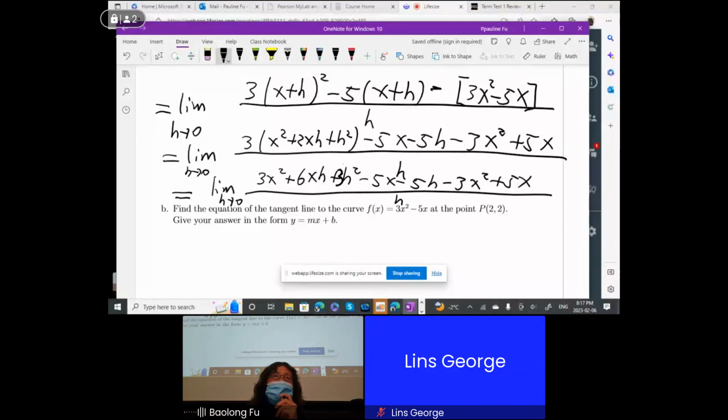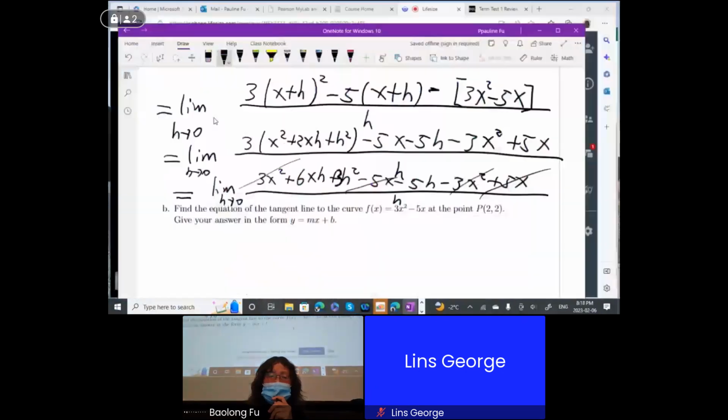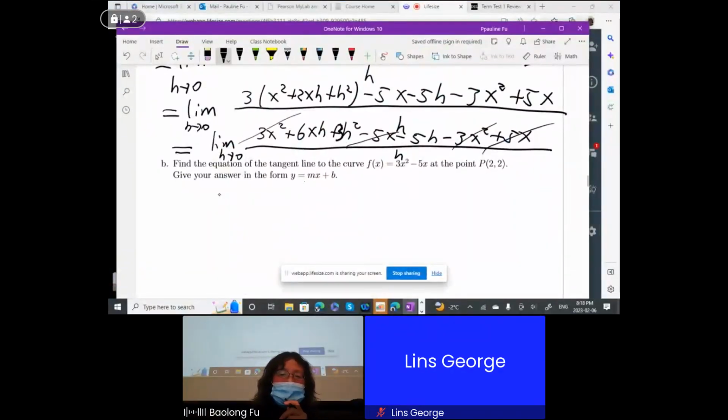And then on the top, you have some cancellation. Positive 3x squared, negative 3x squared. Negative 5x, positive 5x. You cancel out. So I continue here, okay. Limit.